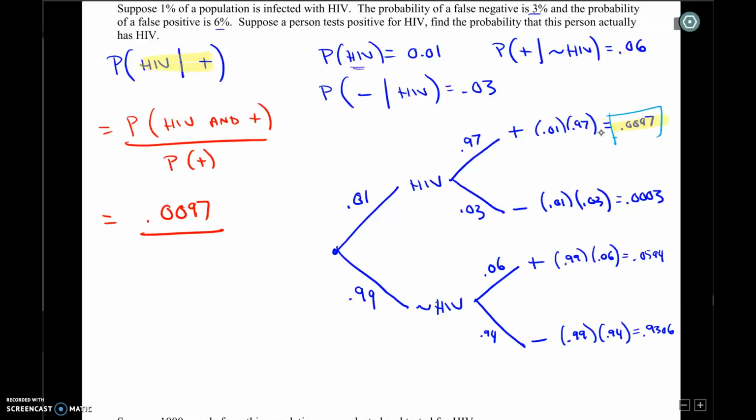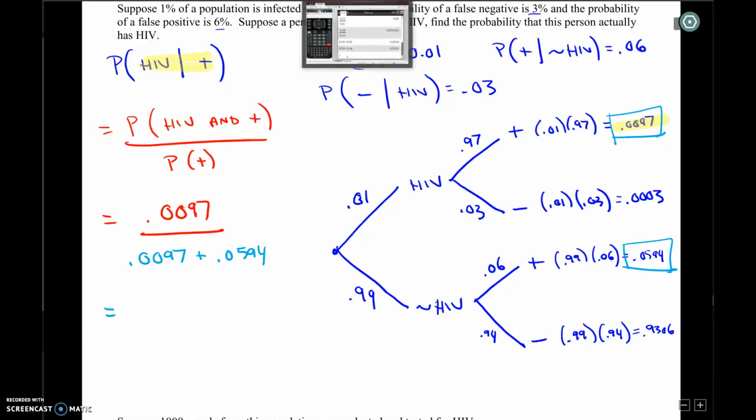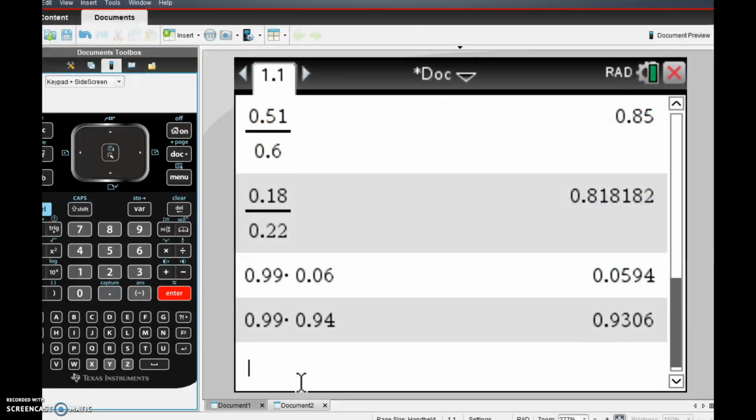Well, these people test positive and these people test positive for different reasons. Here, you actually have HIV. Here, it's a mistake. So that's 0.0097 plus 0.0594, and that's my probability.